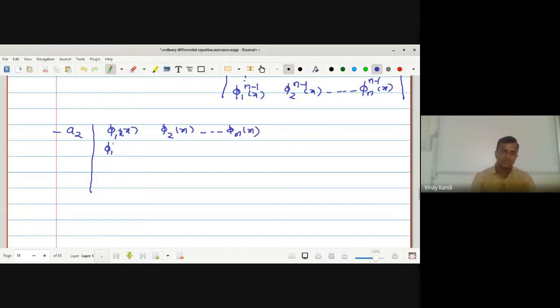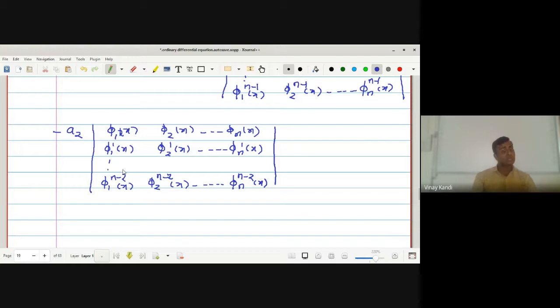Second row, phi 1 dash of x, phi 2 dash of x up to so on phi n dash of x, and the last term, now put i is equal to 2, phi 1 raised to n minus 2 of x, phi 2 raised to n minus 2 of x up to so on phi n raised to n minus 2 of x. What will be the term above this? Phi 1 raised to n minus 2.